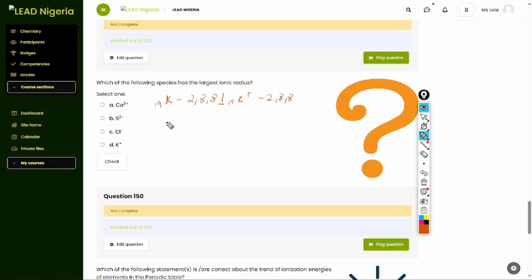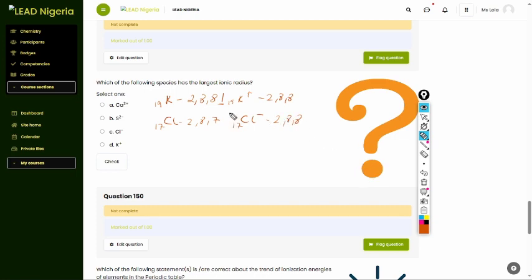But with an anion, like let's see, chlorine is 17, so 2, 8, 7. When chlorine forms an ion, it becomes 2, 8, 8 by gaining 1 electron. Now the reason why the ionic radius for this is larger than this is because the more the electrons increase, the more repulsion you have between the electrons, because electrons are all negatively charged and like charges repel each other.